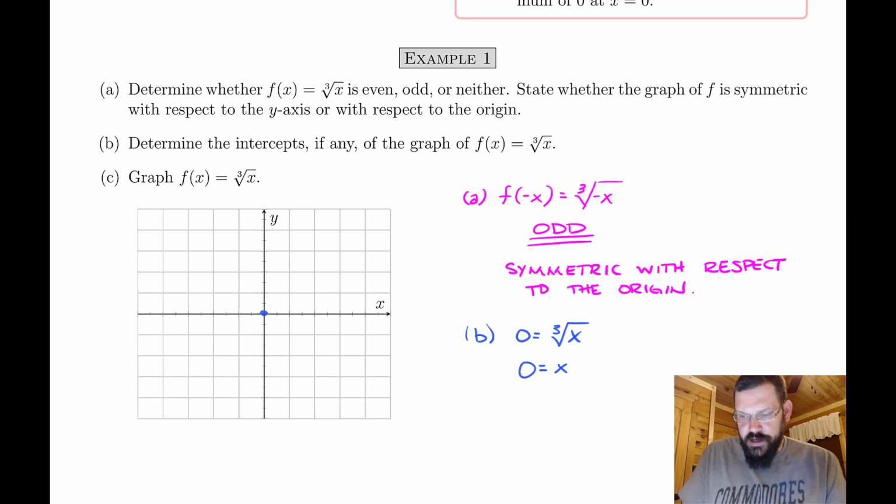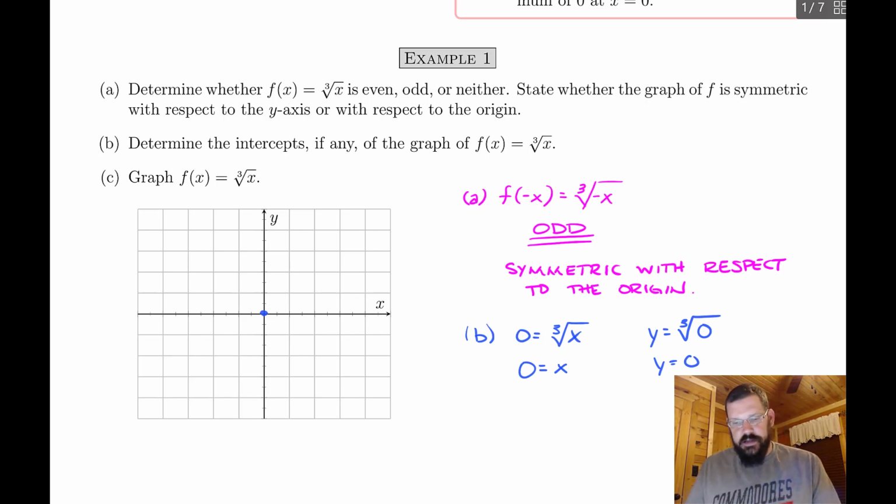And then the y-intercept, I think probably is already obvious to you, but we'll check anyway, is when x is equal to 0. Well, the cube root of 0 is 0. So again, we have origin, and that's the only intercept that we have for this particular graph.